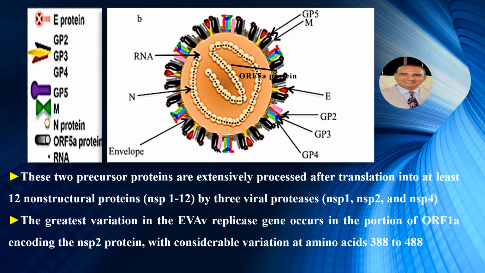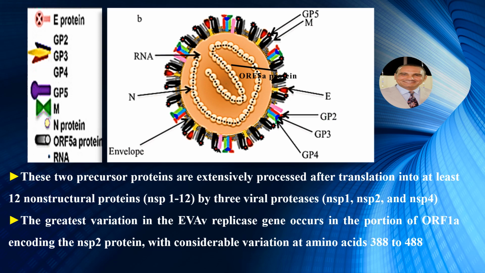These two precursor proteins are extensively processed after translation into at least 12 non-structural proteins, NSP1 to 12, by 3 viral proteases: non-structural protein 1, non-structural protein 2, and non-structural protein 4.